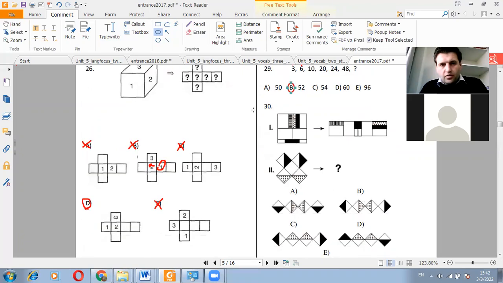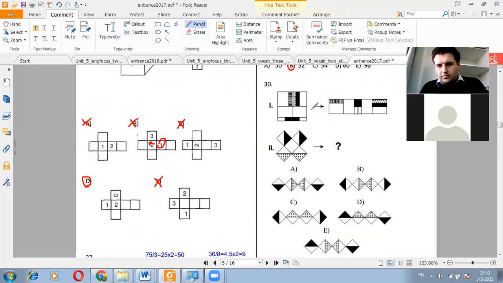Question 30, you have a shape and then another shape here. But these two shapes are related. How? So take a closer look. You'll see that this shape is divided by 2, like if I put a line in the middle like this.